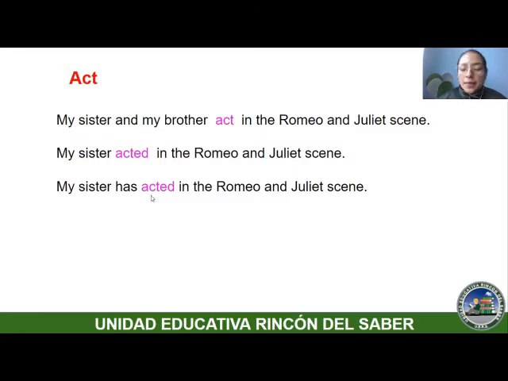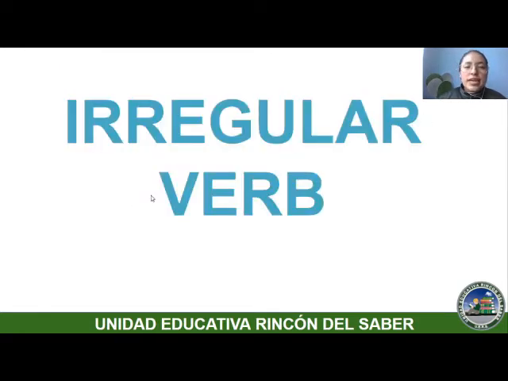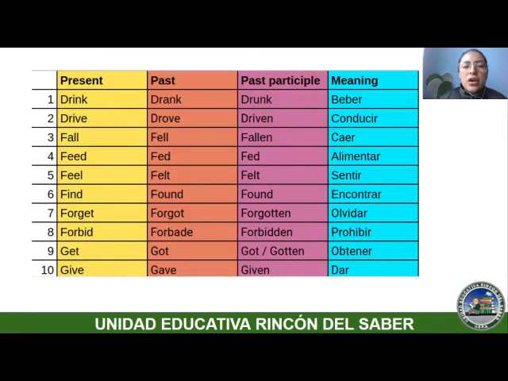Okay? Now, let's start with irregular verbs. Okay? What happens in the case of irregular verbs? Okay, we have these verbs in present, past, past participle, and also the meaning.